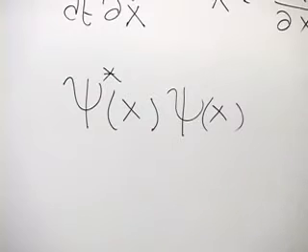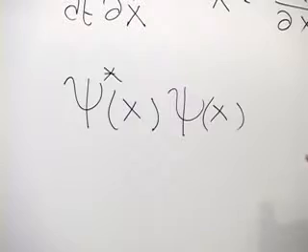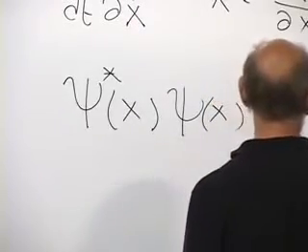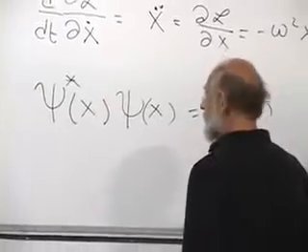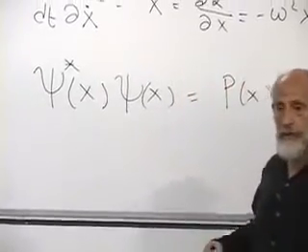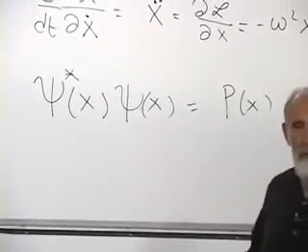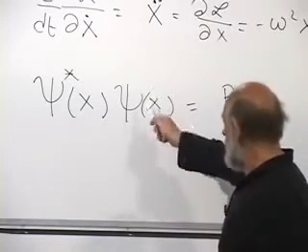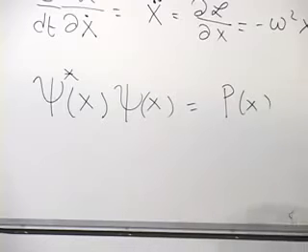The probability density, the probability per unit interval. This is the probability density, P of x. And the space of states, or the vector space describing the quantum mechanics, is just the vector space of the functions psi. All right, that's the first step.